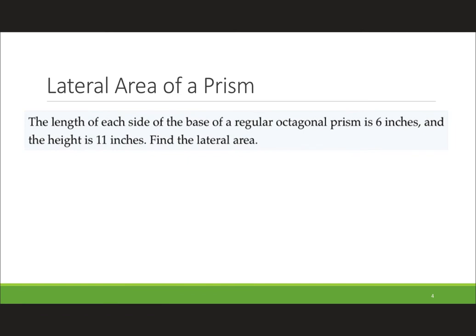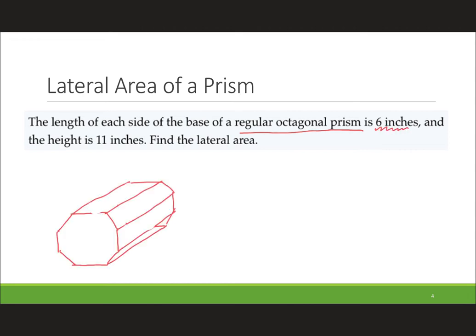Now in this one, we are told the length of the base of a regular octagonal prism is 6 inches, and the height is 11 inches. So first off, we gotta draw our figure. And after several attempts off camera, there it is. Now, we know that each side length of the base is 6 inches.